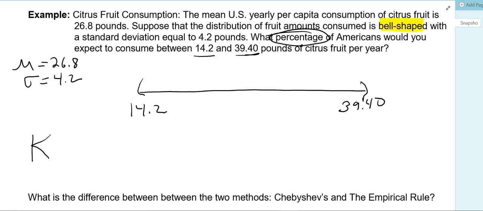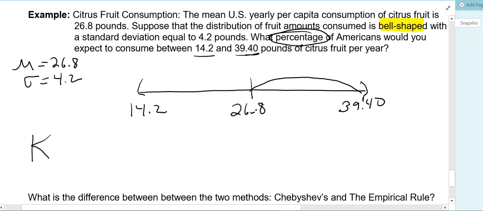Well, here I have the interval. My mean is 26.8. The distance from the mean to an endpoint is 39.4 minus 26.8. That distance is 12.6.